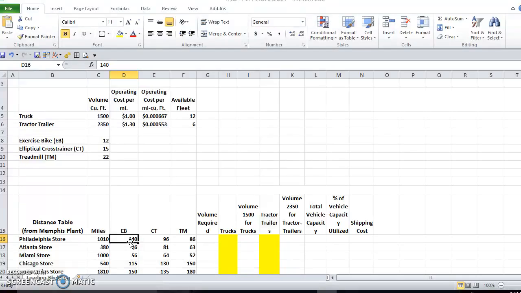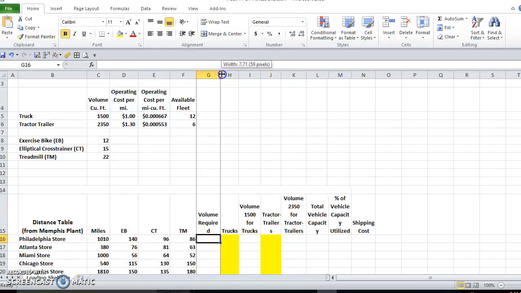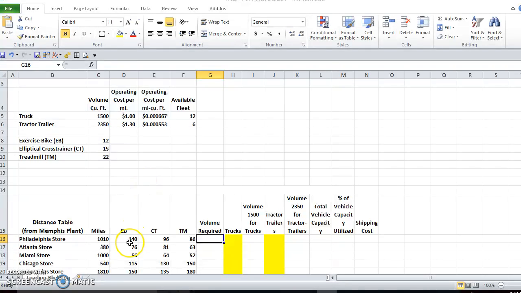So you've got 12 square feet each for the exercise bikes, and you'll use those numbers in order to calculate volume. Also, we've got our volume required: 140 square feet of our exercise bikes.